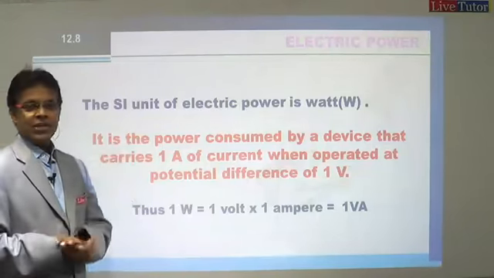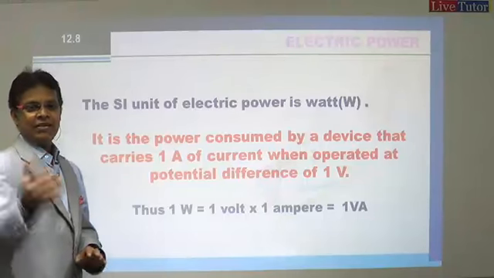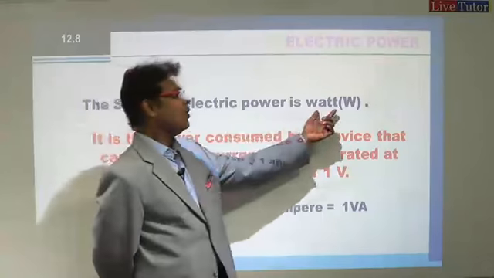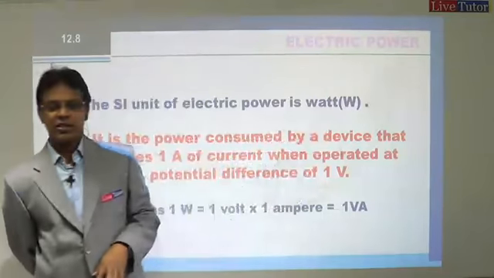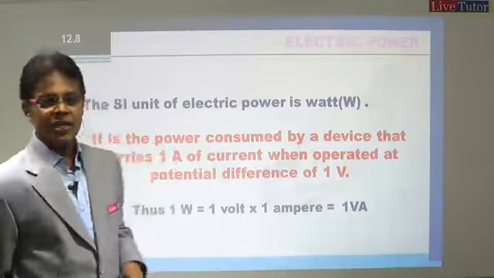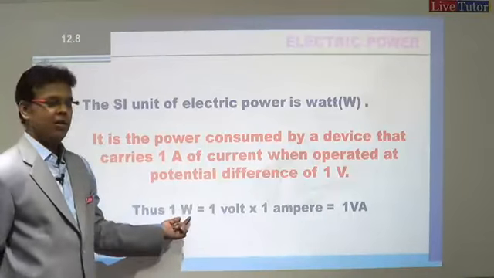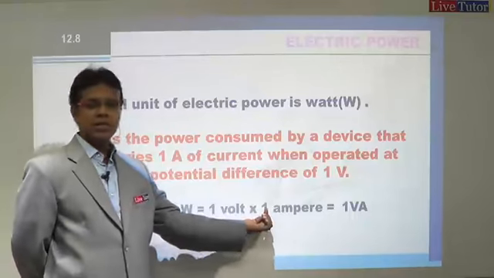So what is the unit? It is the power consumed by a device. When will you say the power is 1 watt? In P is equal to VI, when V becomes 1 and I becomes 1.